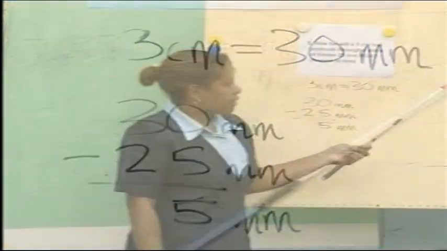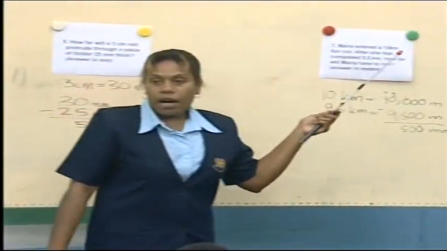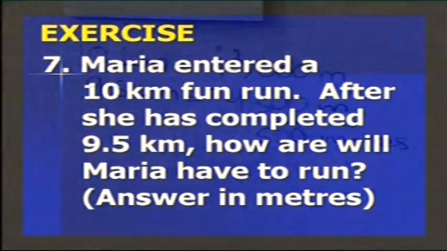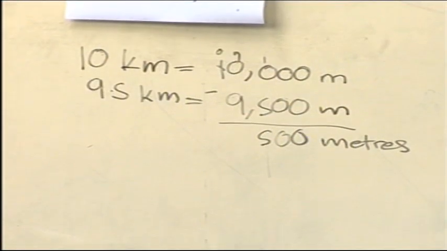Okay, let's go through the next problem. Maria entered a 10-kilometer fun run. After she has completed 9.5 kilometers, how far will Maria have to run? Now, the hint says answer must be in meters. So if my answer must be in meters, I have to convert this unit into meters. So 10 kilometers converted into meters is 10,000 meters.